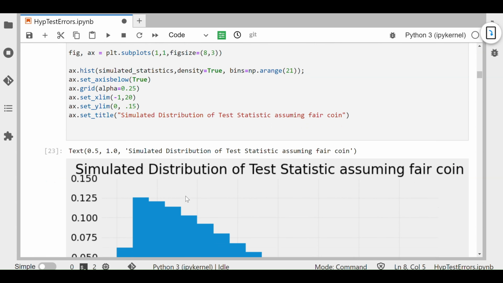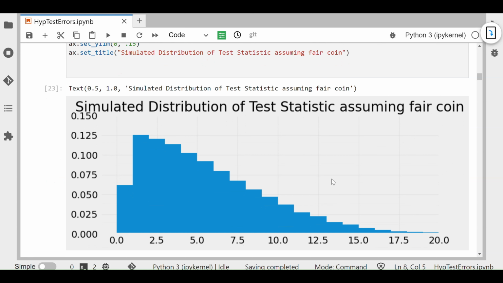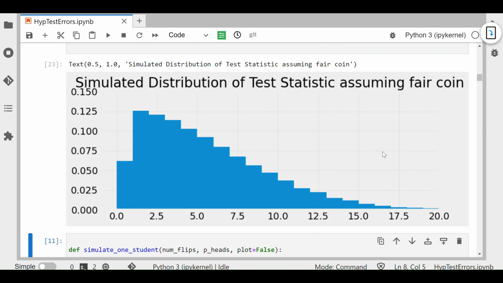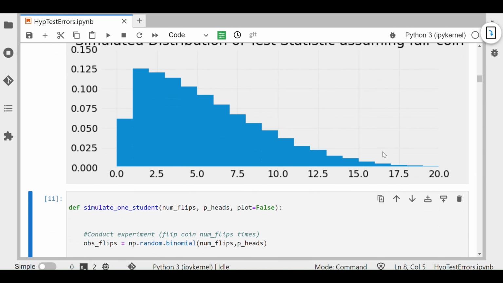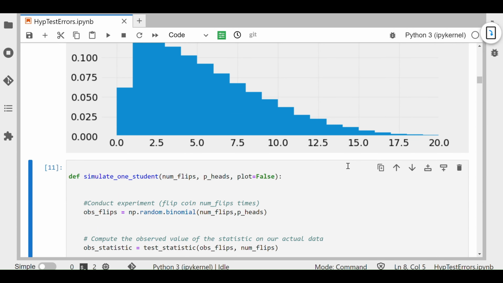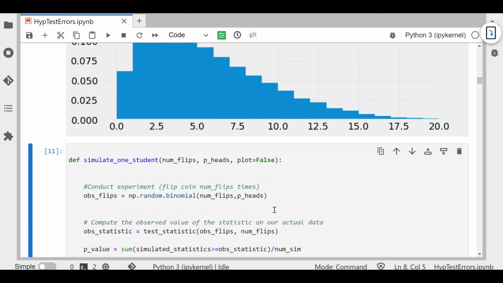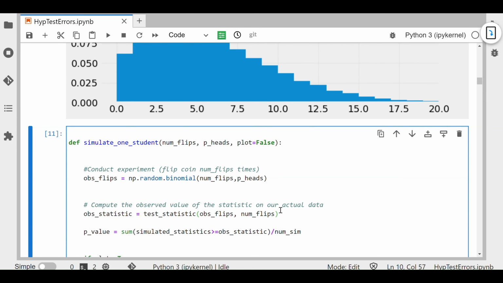Now we're going to plot this distribution. This is our distribution of the test statistic. Now we're going to take a fair coin and have a student flip it 160 times and see how many heads they actually get above or below 80.